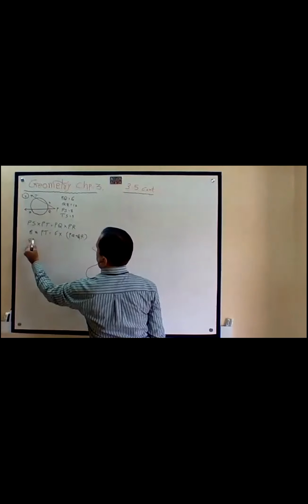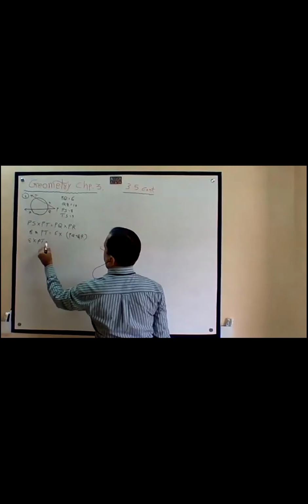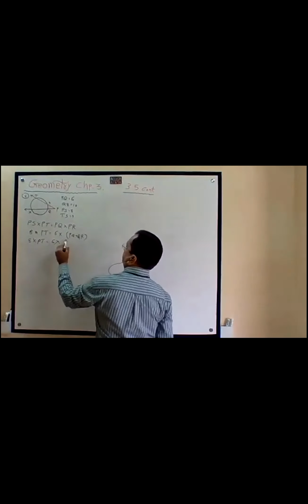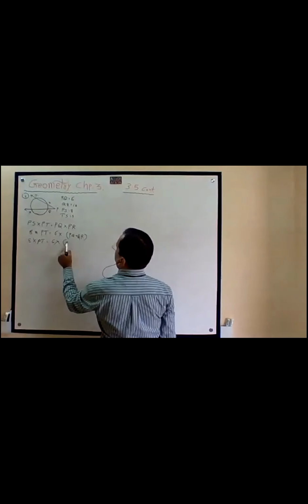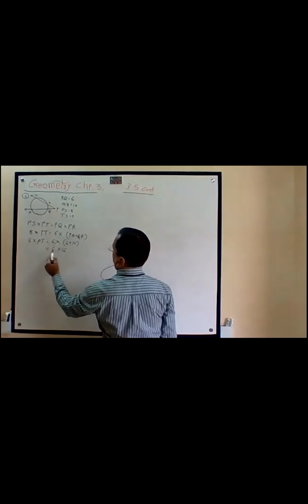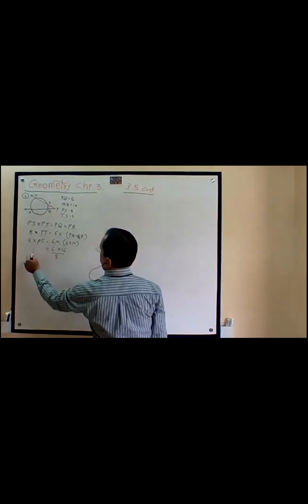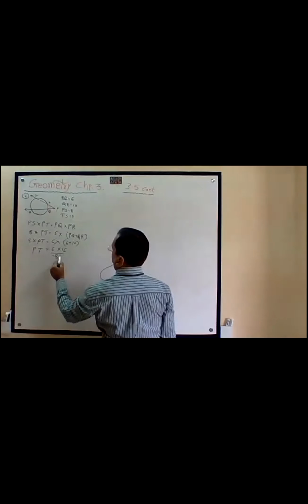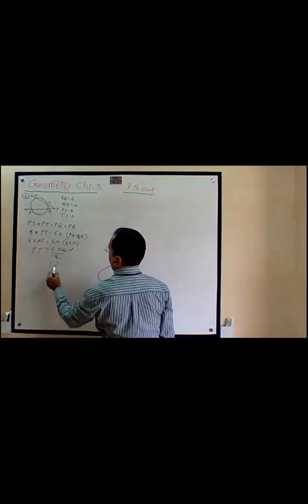So that is 8 into PT equals 6 into 6 plus 10, 6 into 16, divided by 8. So 8 twos are 16. So it is 12.